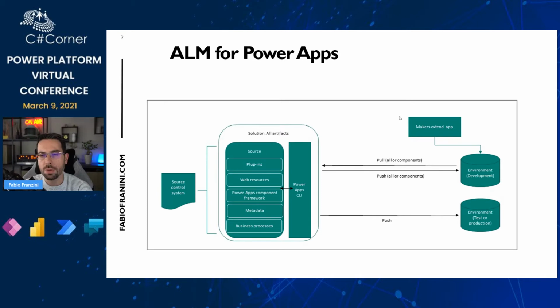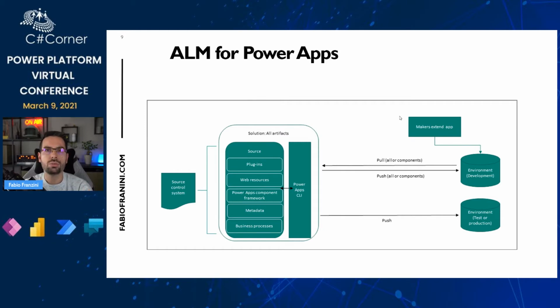And then with some workflows, we are able to pull the solution from this environment. And using the Power Apps CLI, we are able to unpack the solution file and split all the source code that composes the solution into all the artifacts inside the source control system.